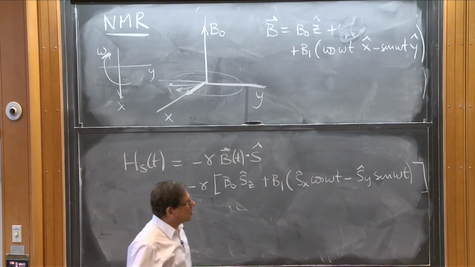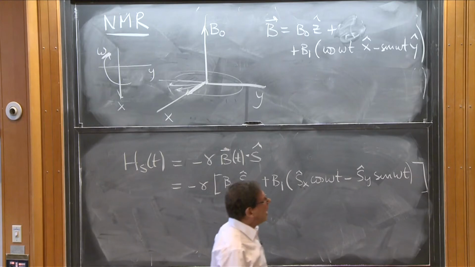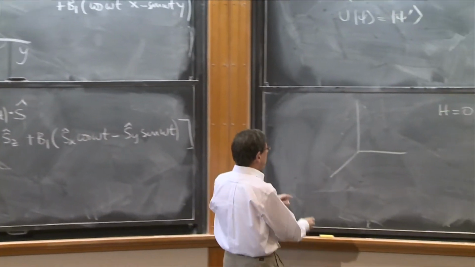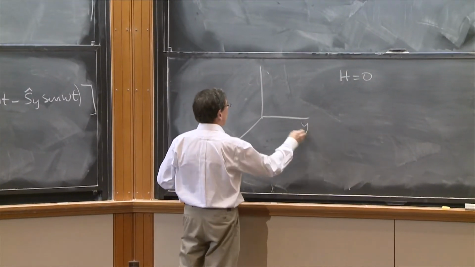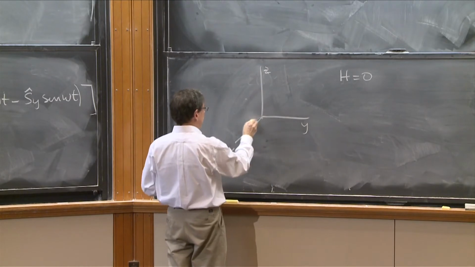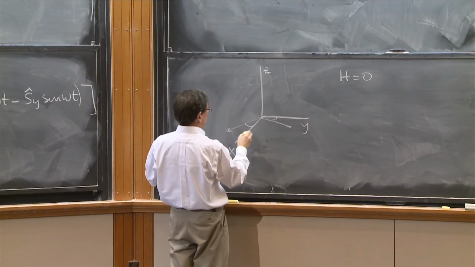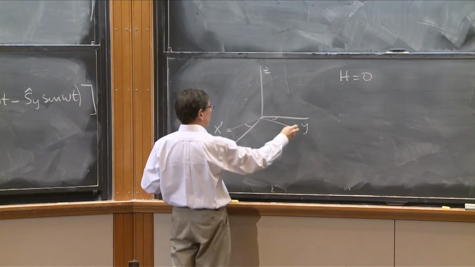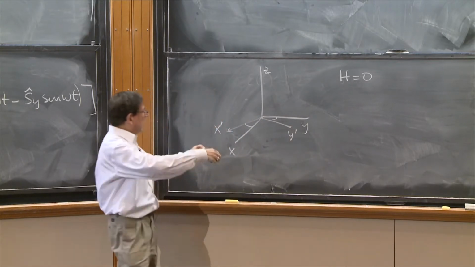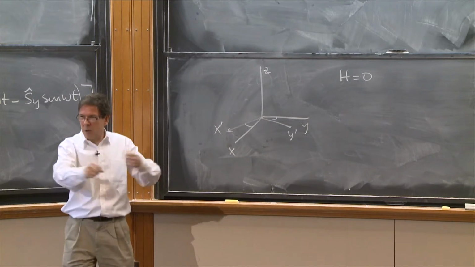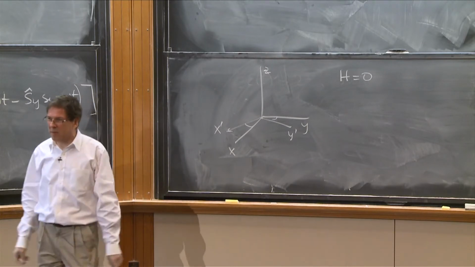So let's try to imagine how physics would look if you have the xy axes rotating with angular velocity omega. So the xy plane is rotating with angular velocity omega.